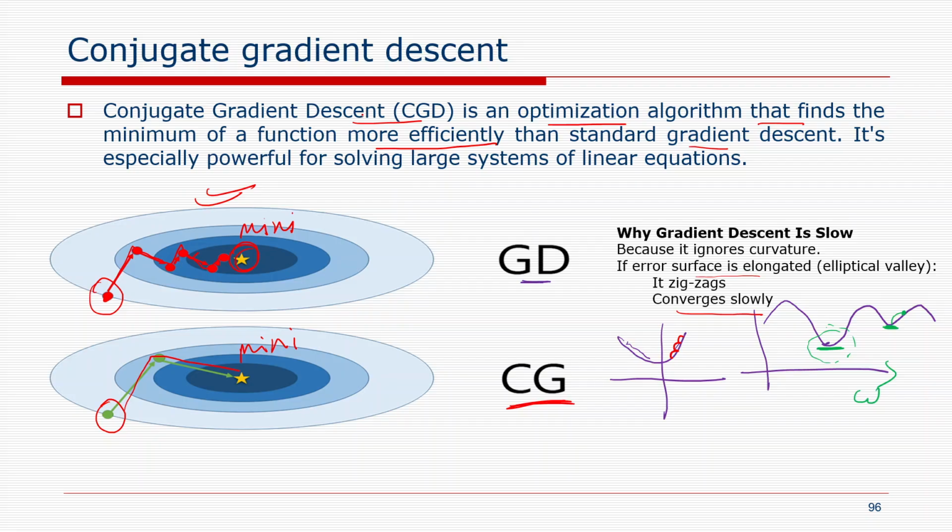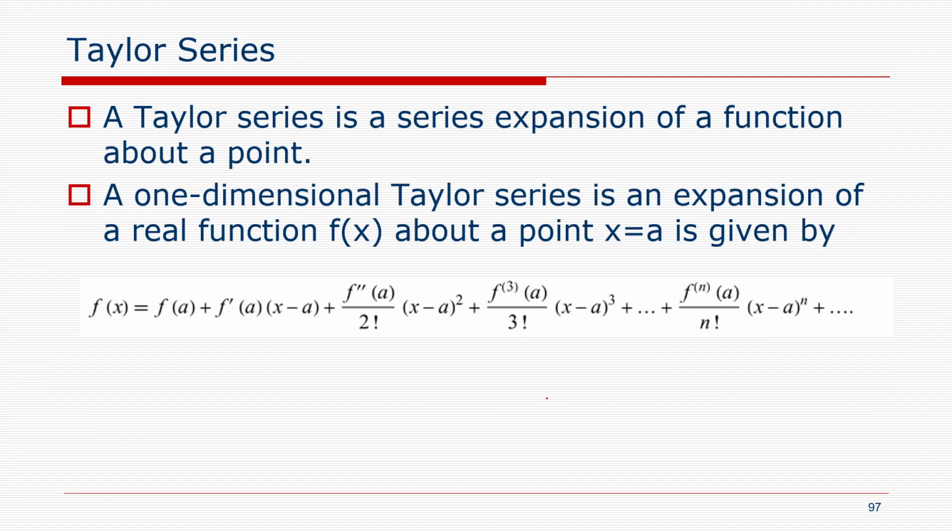But conjugate gradient descent will also give me the result in a more efficient way, as it will try to converge fast when compared to gradient descent. This is the main difference between the gradient descent and the conjugate gradient descent method.